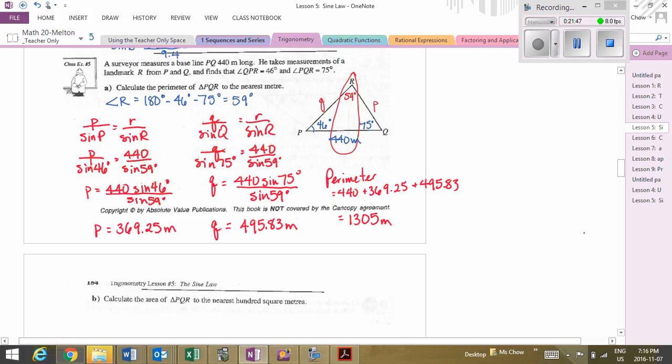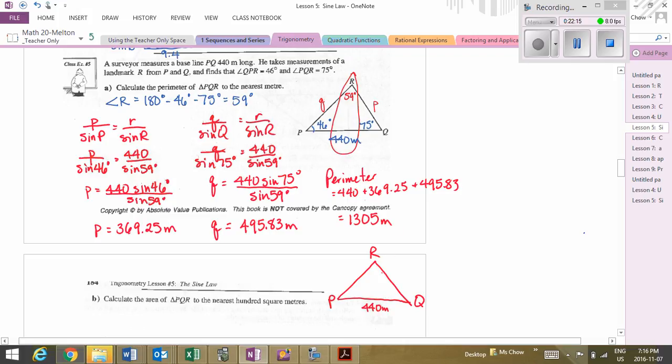So we can see that for part B on the next page, it asks us to calculate the area of triangle PQR to the nearest 100 square meters. So we know for area of a triangle, we need base times height divided by 2, of course. If I sketch the triangle here again, then we've got P, R, and Q, and we know that this is 440 meters, so that is the length of our base.